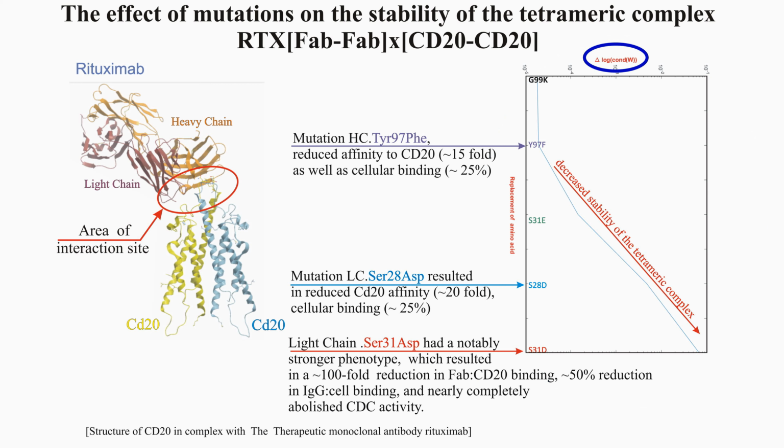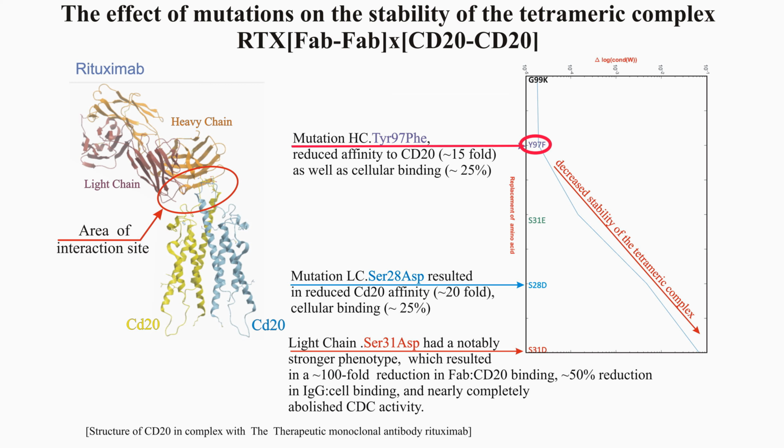Opposite each mutation, the observed biological effect is shown, as well as the change in affinity in multiples. Let me remind you that the stability of the tetramer decreases as the value of Lg con W increases. Stability changes are reported relative to wild-type proteins.